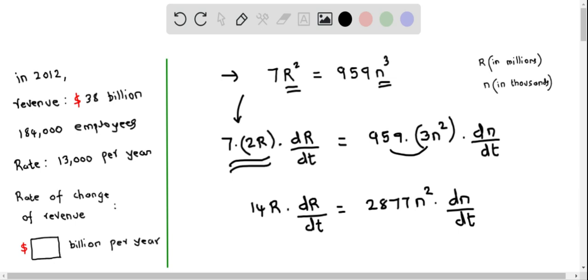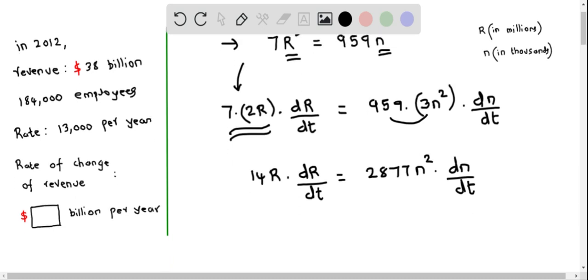So we can plug in the given information. I'm sorry, we have to find dr/dt. dn/dt is also given, that is the rate of change of employees.